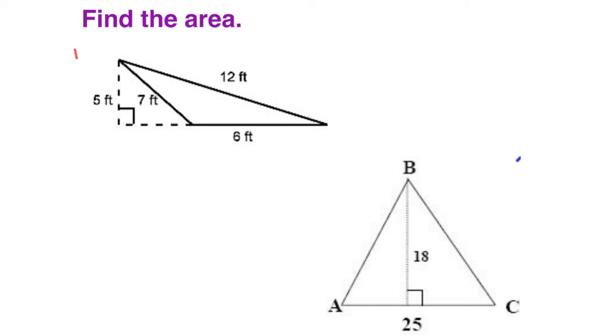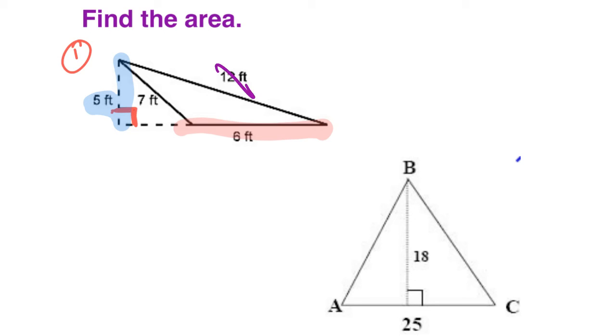Let's do number 1 together. I need to find that 90-degree angle, which is right here. Now, what two sides make those 90-degree angles? The 6 is going to be one of those sides, and so is the 5. So those are the numbers I'm using.